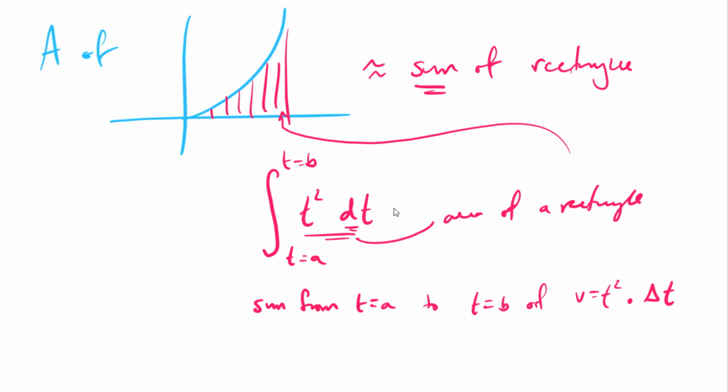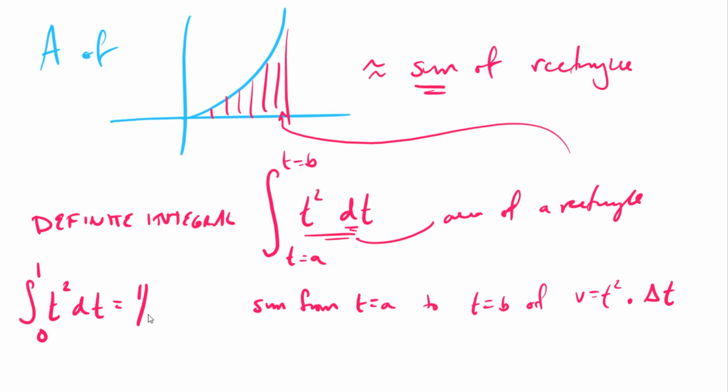So this thing is called a definite integral. This is a definite integral. And what we showed is that the area between t equals 0 and t equals 1 of the graph t squared, of these rectangles that we get out with a height t squared and a width dt, is equal to 1/3.